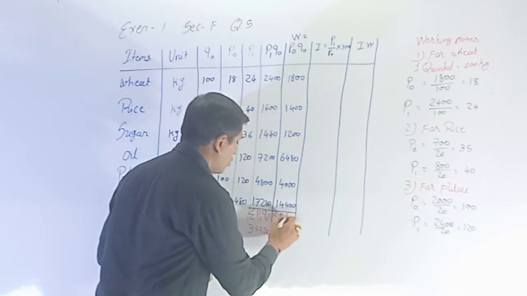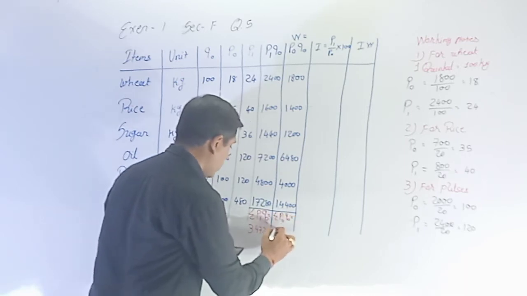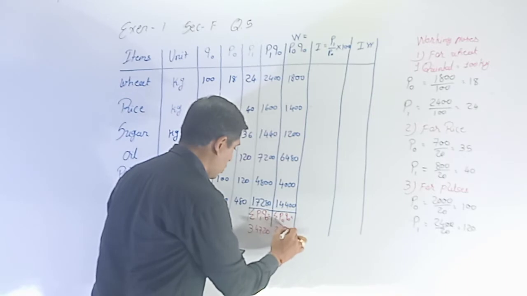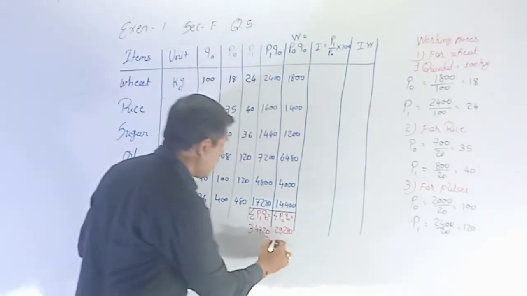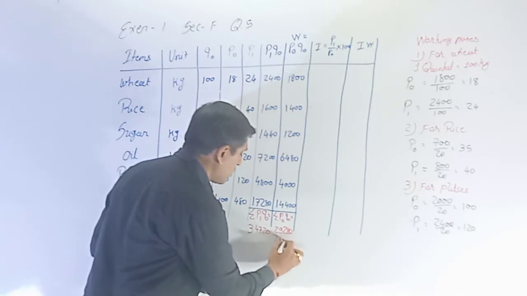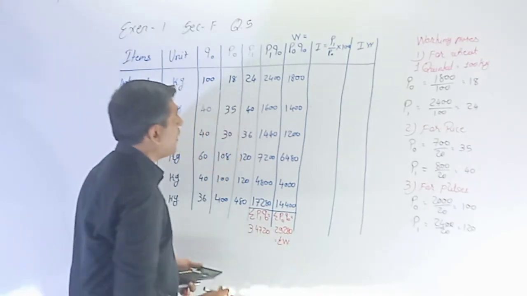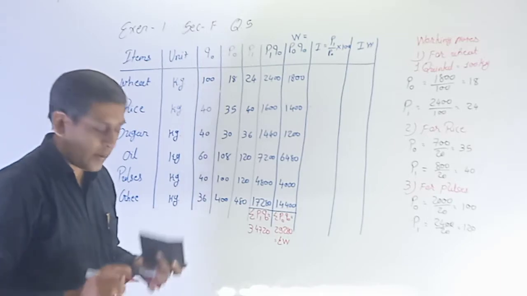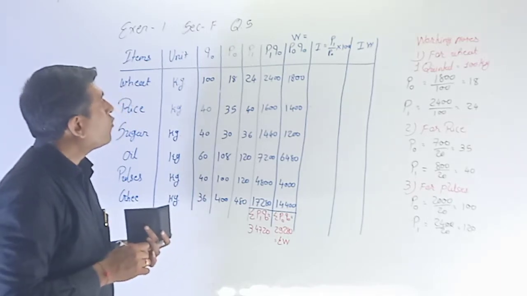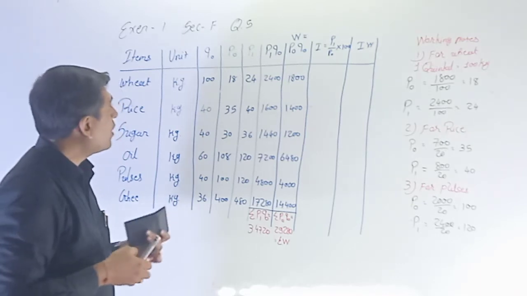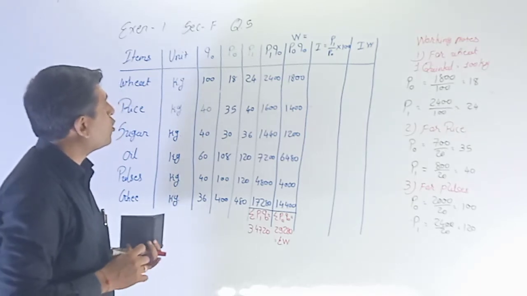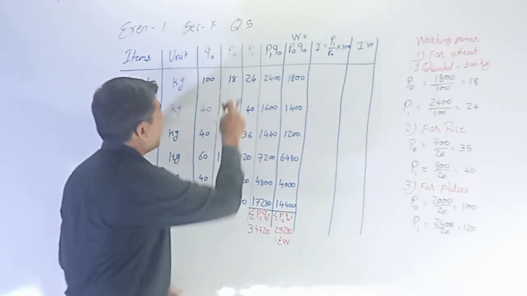Sigma P0 Q0 is equal to 29,280, and you can also write it as sigma W. Right? Now find out I. What is that?